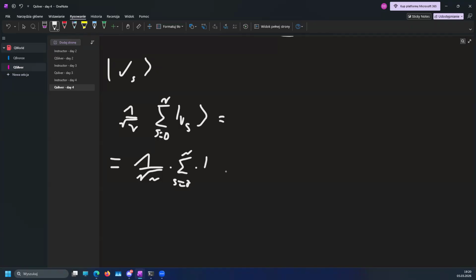So it was 1 divided by square root of r times the sum from k equal to 0 to r minus 1. Here should be plus or minus 1. And then this coefficient minus 2 pi i s divided by r, and then some number expressed in binary.